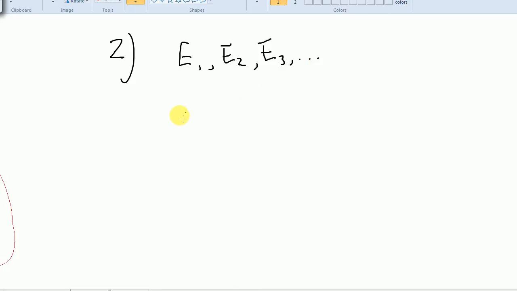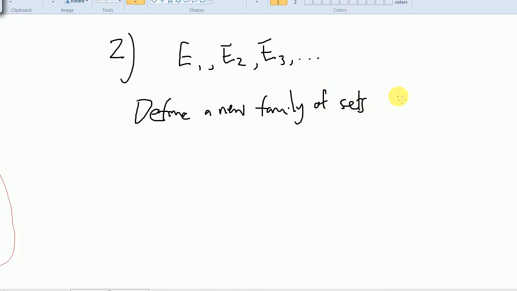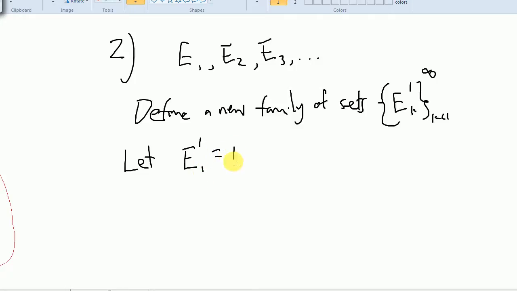What we're going to need to do is define a new family of sets. This new family of sets will be E prime sub k, as k goes from 1 to infinity. Let E prime sub 1 just be equal to E sub 1. No difference there.